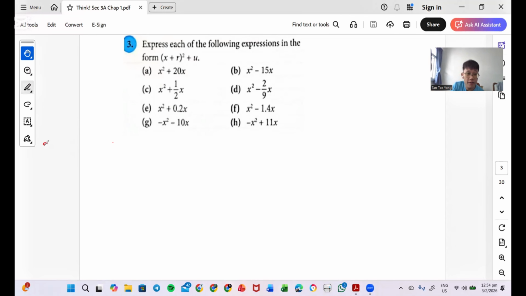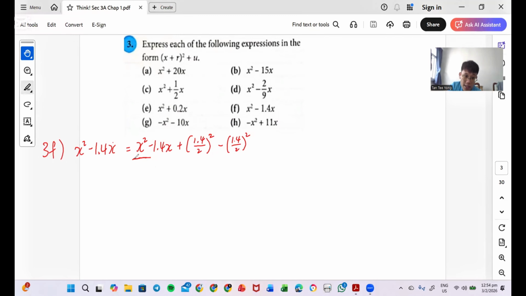So 3F is x squared minus 1.4x. Okay, so how to change? So equals to x squared minus 1.4x plus 1.4 over 2 square. Okay, but you need to minus it again, right? Why? Because it's not supposed to be there, ma. So at the start, it's not supposed to be there, right? This 1.4 over 2 square.